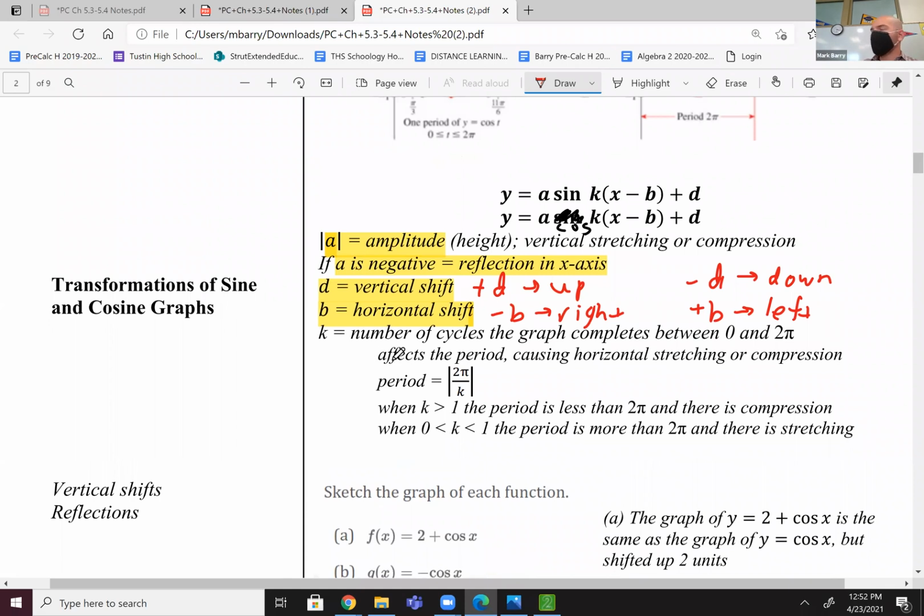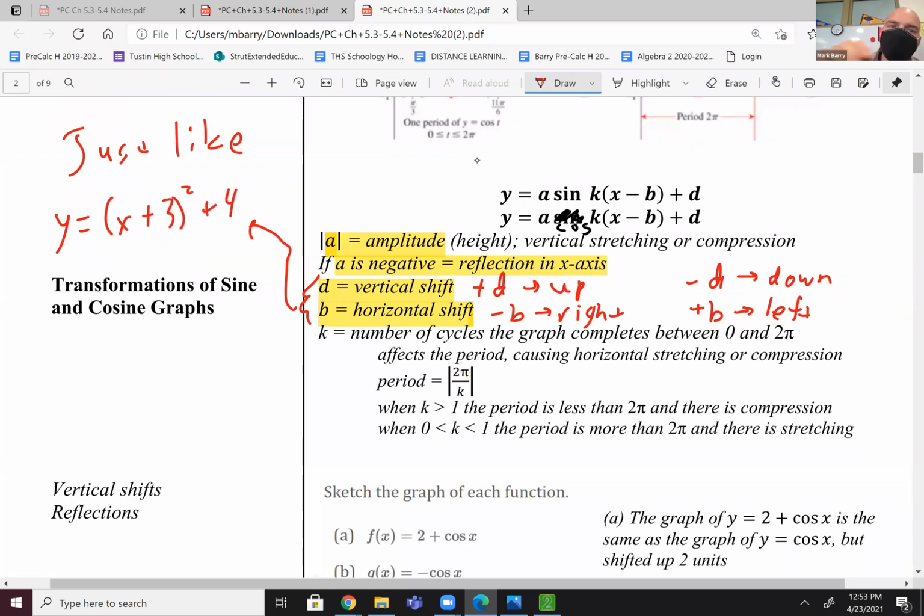Now, although they are counterintuitive, this should actually not be surprising to you because it's a lot like a lot of other functions that you've worked a lot with. Remember you used to do this, like y equals, I don't know, (x plus 3) squared plus 4, like a quadratic in vertex form.